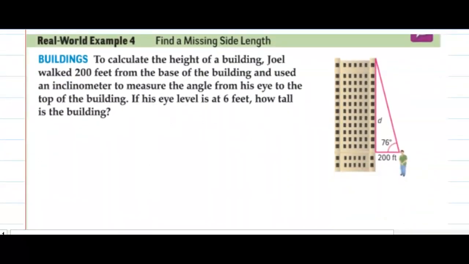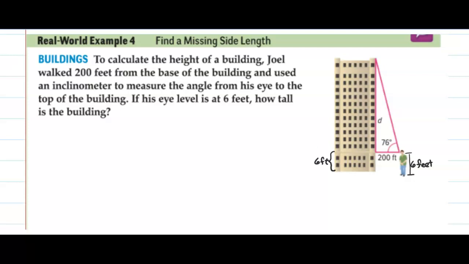Let's do a real world problem so you can kind of get an idea of why we're using indirect measurement. Here we have Joel standing 200 feet away from a very tall building. We know that from his eye level to the ground, it's 6 feet. So from about here to here on the building is 6 feet.